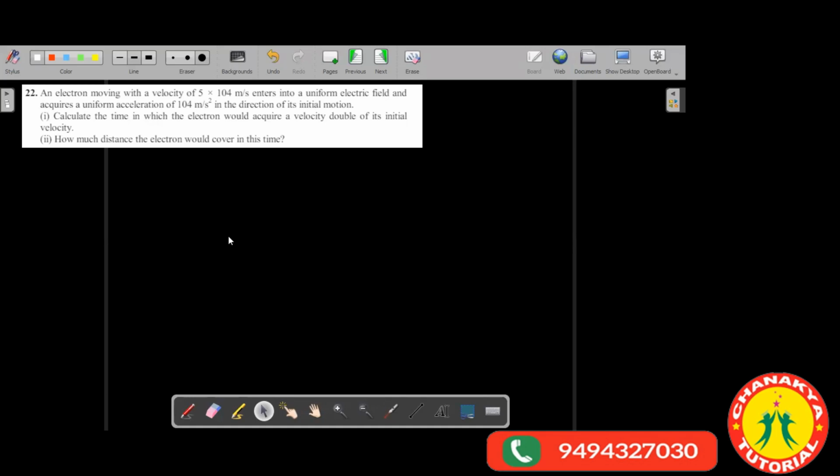Calculate the time in which the electron would acquire a velocity double of its initial velocity.